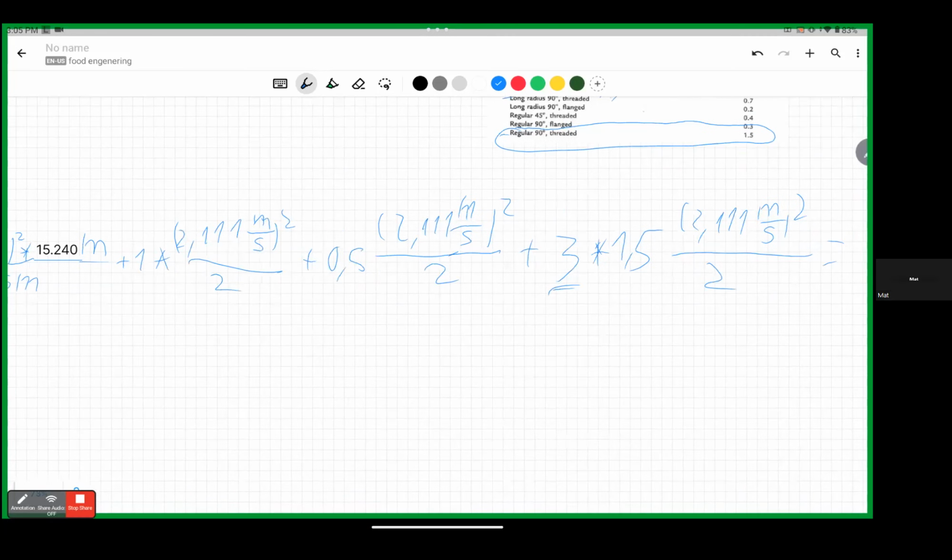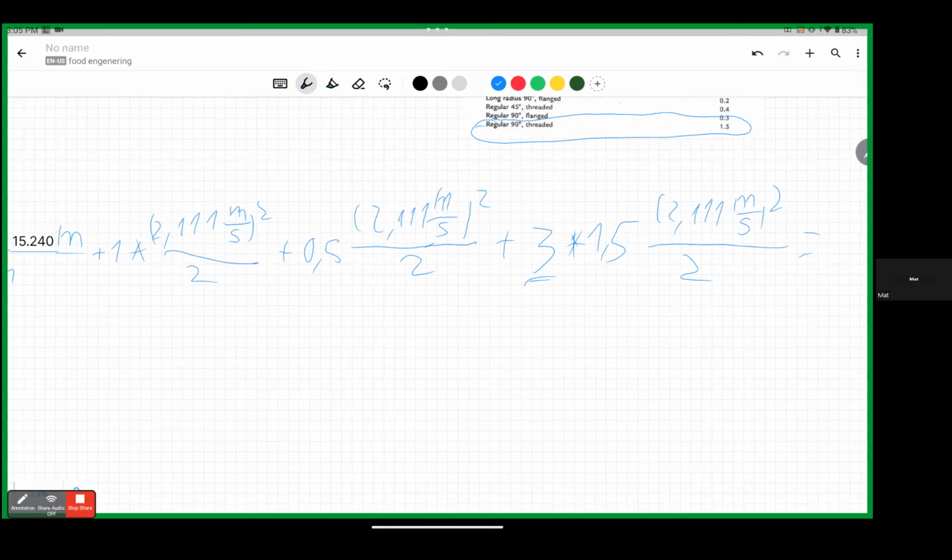It's related to the principle of common monomial factor. You just need to put 1, 0.5, 3, 4.5, everything in addition, multiplied by the common factor 2.11.